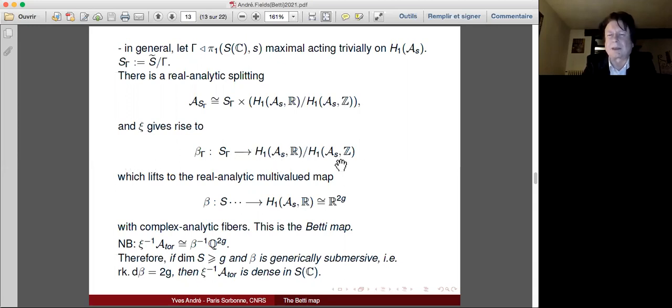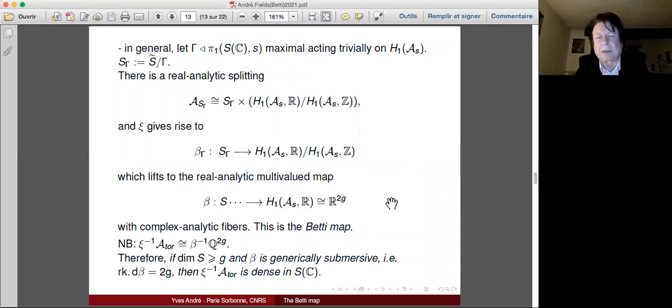And this leads to a real analytic multi-valued map from S to R^2g, so to the H_1 of A_s over R, which is identified to R^2g as the choice of the mesh of the lattice of A_s. So this is the Betti map.